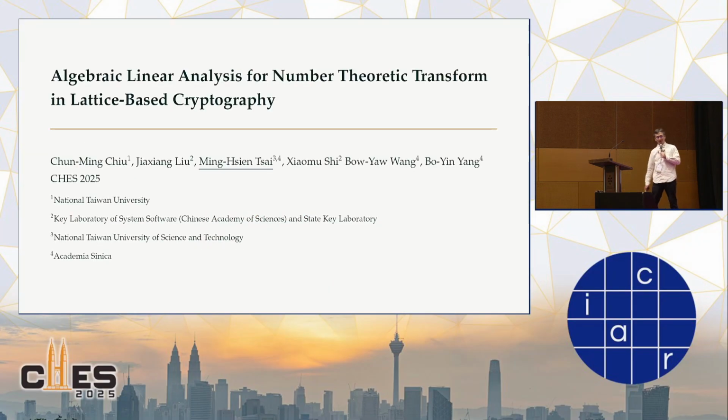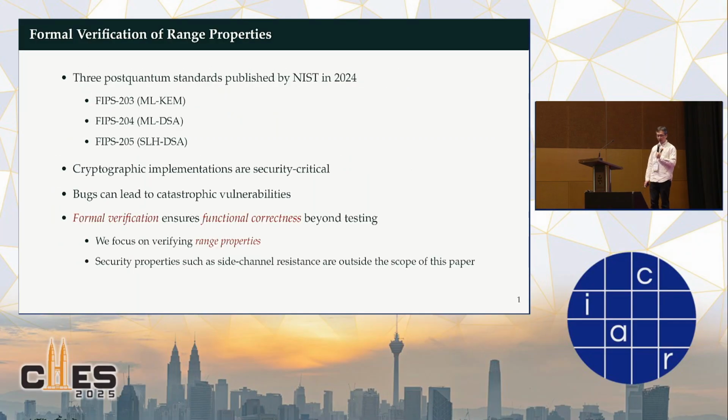Okay. So this is a joint work with Junming, Jiaxiang, Xiaomu, Boya, and Boyin. Last year, NIST published 3 post-quantum standards. Following these standards, the implementations may be optimized for better performance, but also become error-prone.